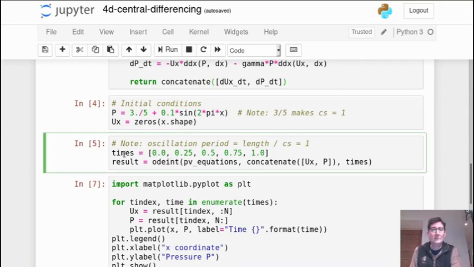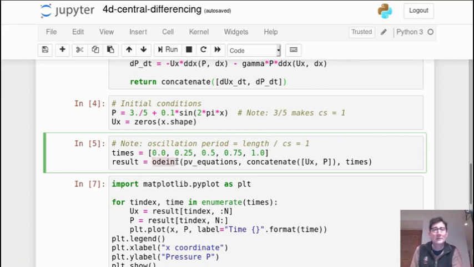Okay, so then we calculate the times that we want to get an output. 0 is the initial time, and then we expect the period of the wave to be 1, so the last time here is 1, and the solution at the end should look the same as the solution at the start. We should have an oscillation which moves around but then ends up back where it started.